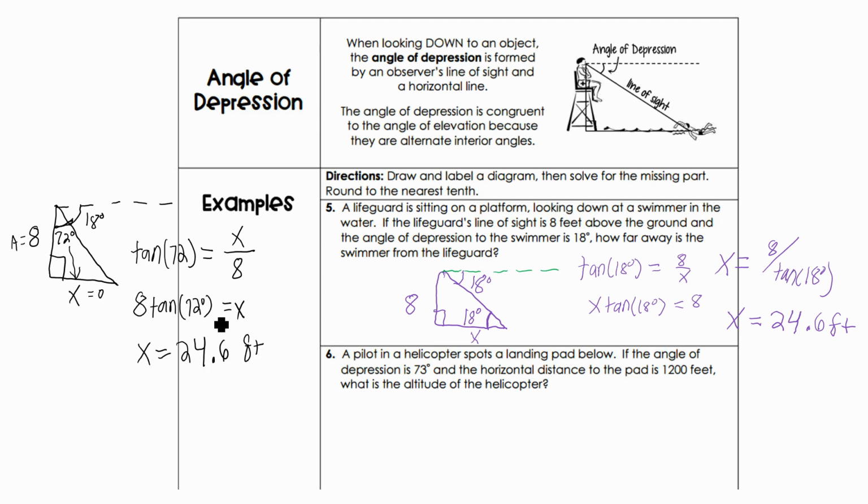So with angle of depression, you really have a couple options. Which one you use is entirely up to you. When I was in high school, I think I did this, which is kind of why I'm showing it. I don't know why, but at the time, this just made more sense to me than this way with the alternate interior angles.